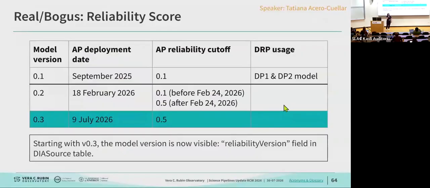This past year, we introduced a few things. The first one is the reliability version, so we can all communicate easily about which model exactly. The 0.1 was introduced last year and was deployed for DP1 and DP2 data. The 0.2 was introduced this year and was used for the initial alerts. And the 0.3 was very recently introduced, and it's also being used for the alerts.